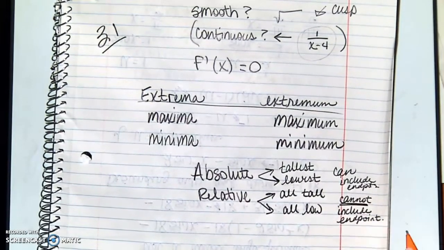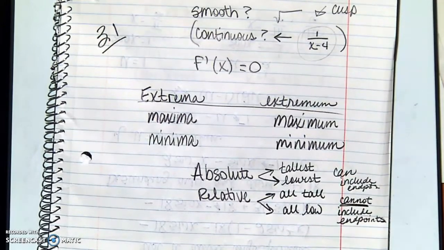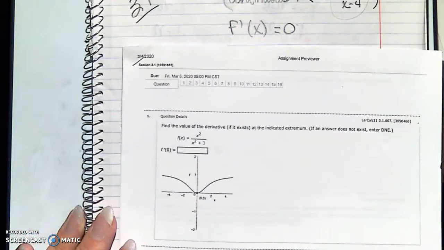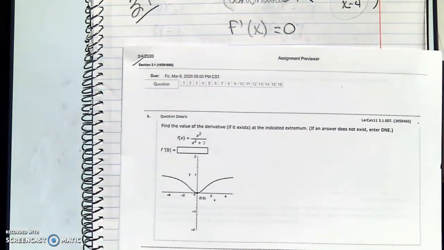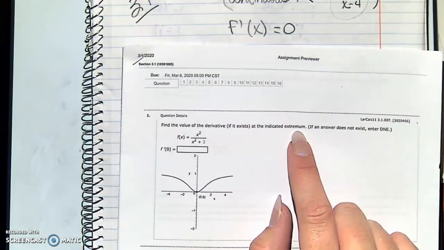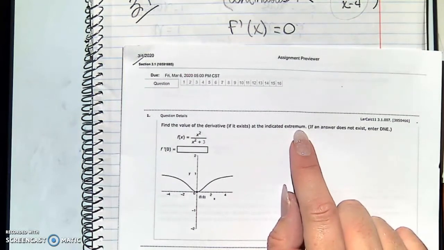Okay, so for 3.1, what we're going to do is start putting all this stuff together. I want to find out if I've got maximum values, minimum values, and all that kind of good stuff. So if we look at number 1, it says, find the value of the derivative if it exists at the indicated extremum, which means that is a low point on the graph or a high point.